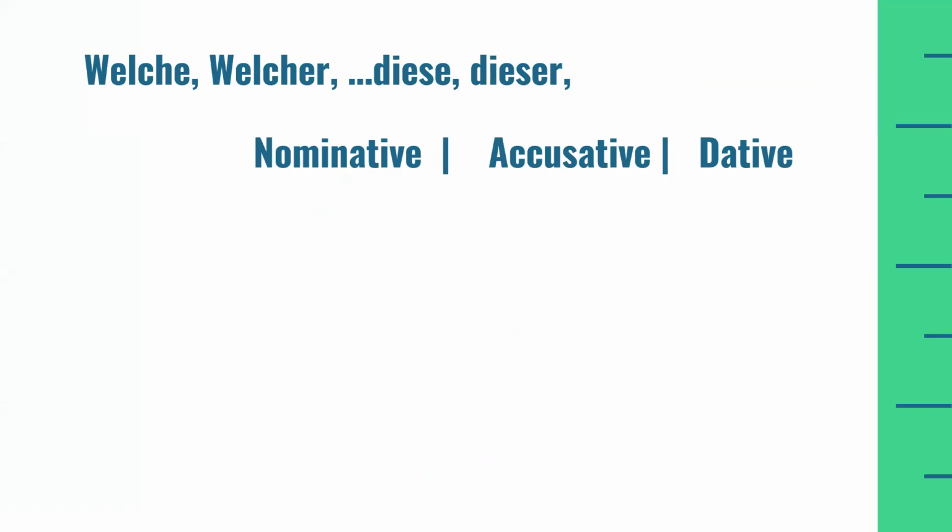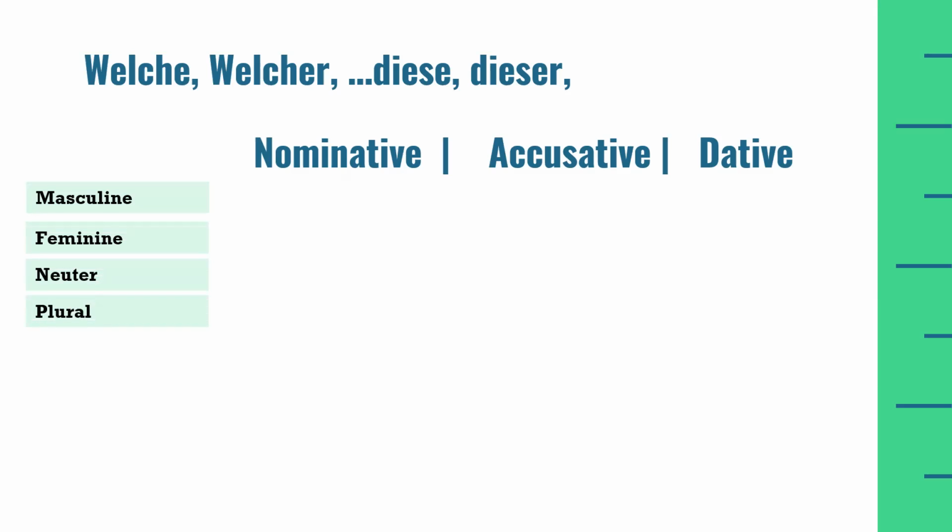So the same rule applies for welche and diese. Welche can be welche, welcher, welchen or welchem, depending on the nominative, accusative or dative case, and also depending on whether the noun we are referring to is masculine, feminine, neuter, or plural.